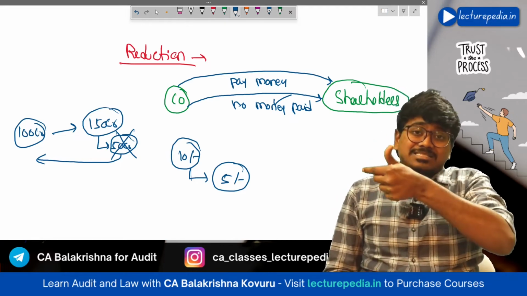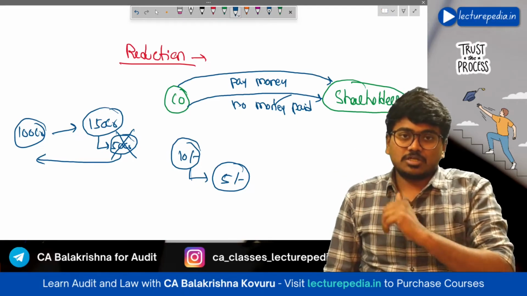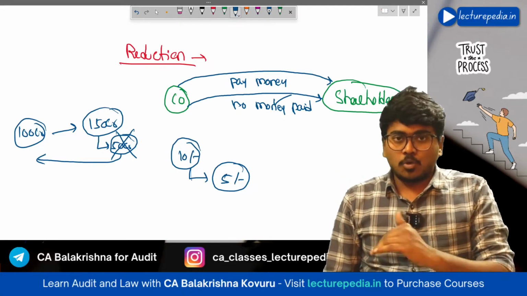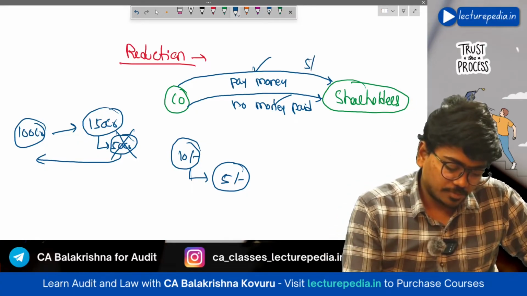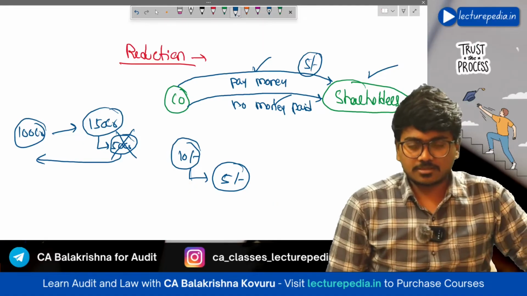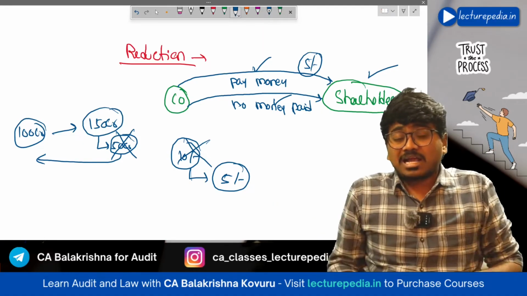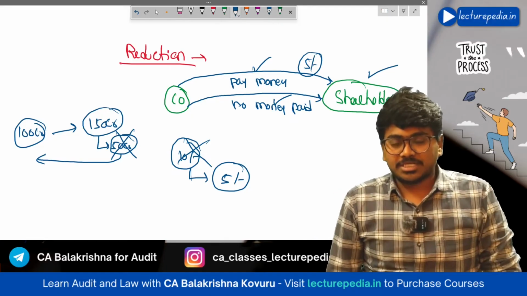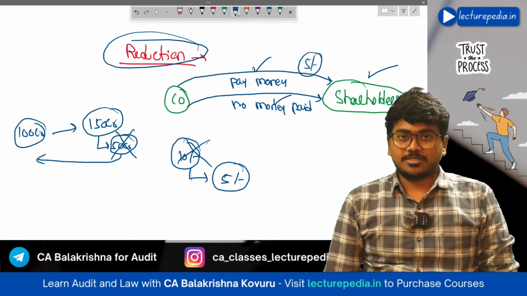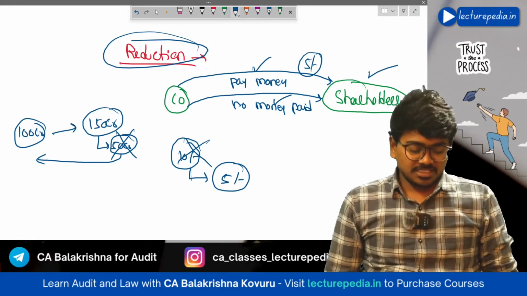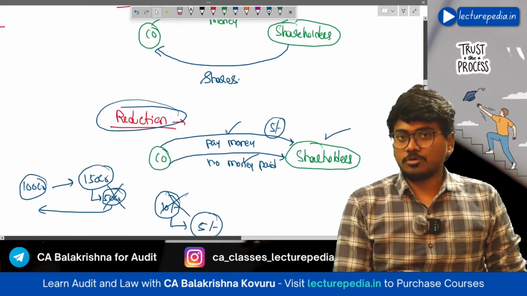So to cancel these shares, the company can use this reduction of share capital mode. Here the company can repay that 5 rupees to the shareholders and can cancel these partly paid up shares. So for cancellation of partly paid up shares, the company will use this reduction of share capital option. Okay, so that is the difference between reduction and buyback of shares. Hope that is clear.